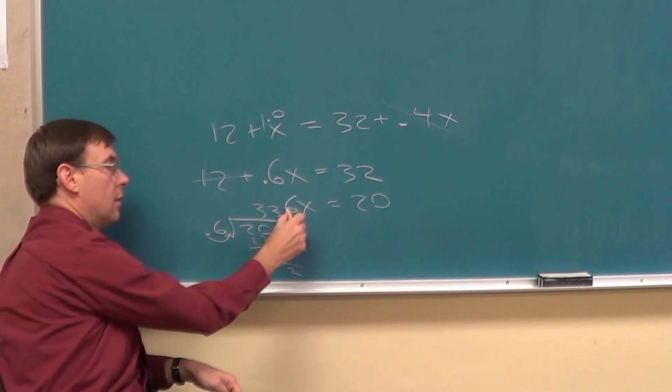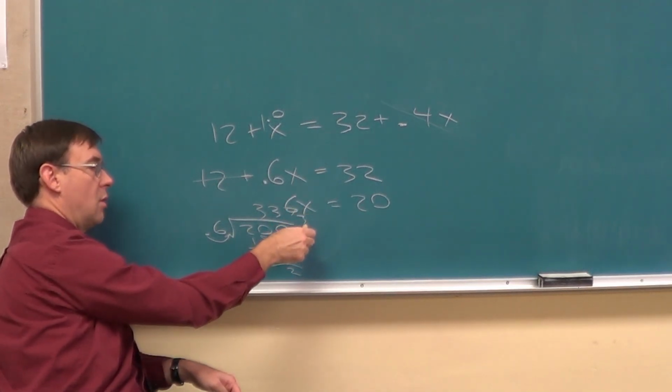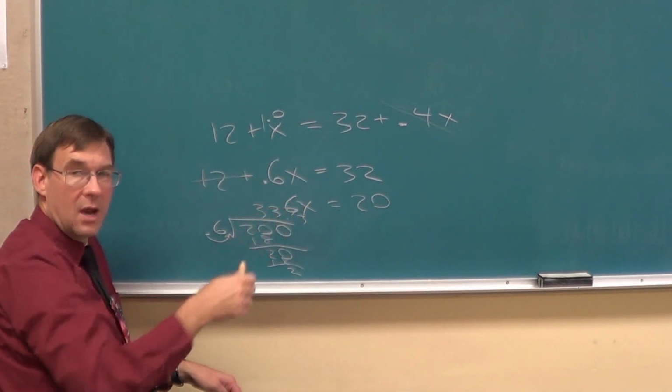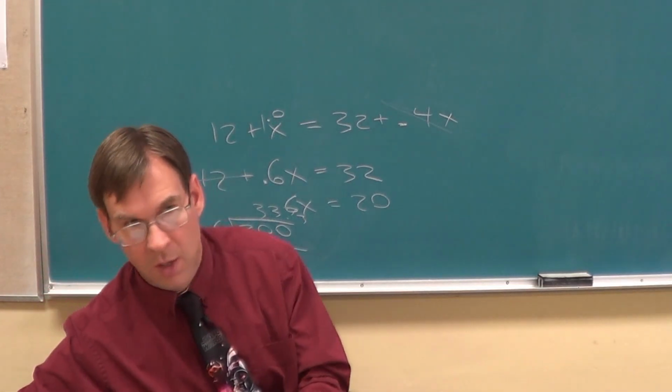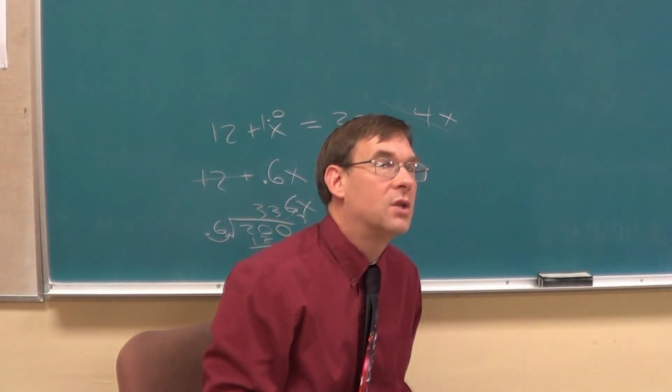We could go 1/3. You could put 2/6 and get a third when you reduce, or you could go decimal and get a 3 that repeats. That's kind of up to you. But 33 and 1/3 is it.